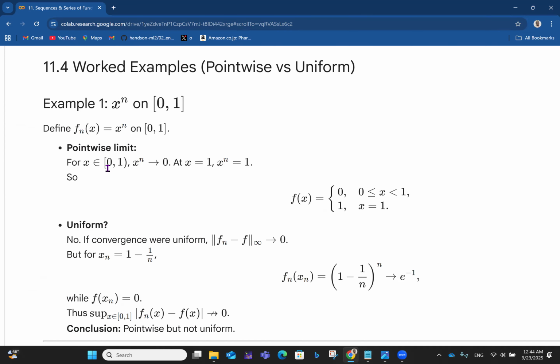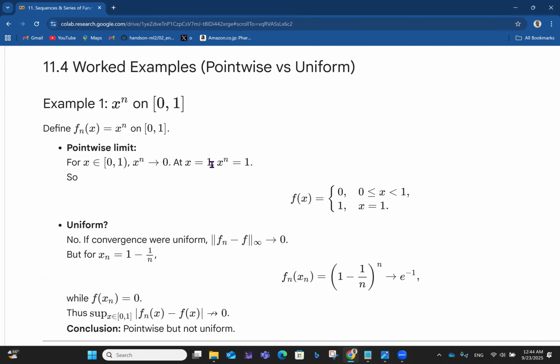When we do pointwise, we take x belonging to the half-closed, half-open interval [0, 1), which simply means that we have 0, but 1 is excluded. So for x in this interval, x^n approaches 0, right?